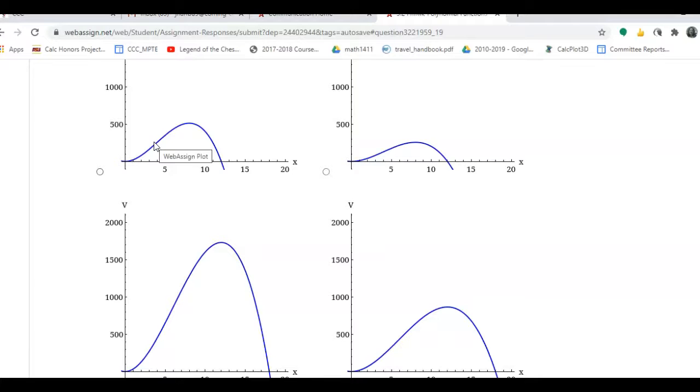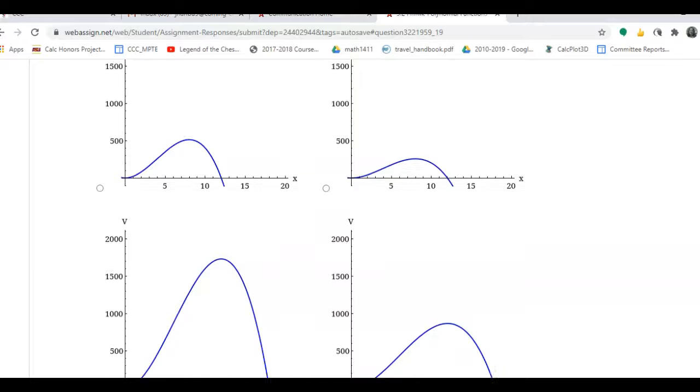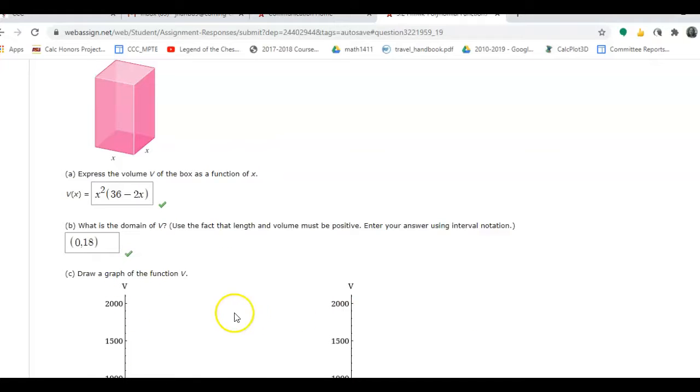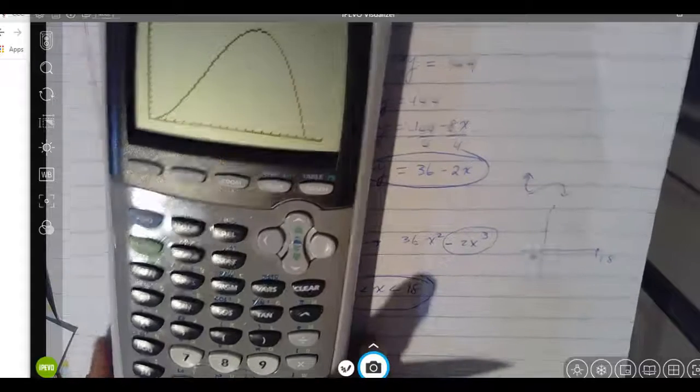I'm going to type that equation into my calculator. So let me just scroll up here so you can see that all of these are going up to 2,000. So in y equals, we're going to type in x squared times 36 minus 2x. I'm going to show you under my document camera what the graph looks like.